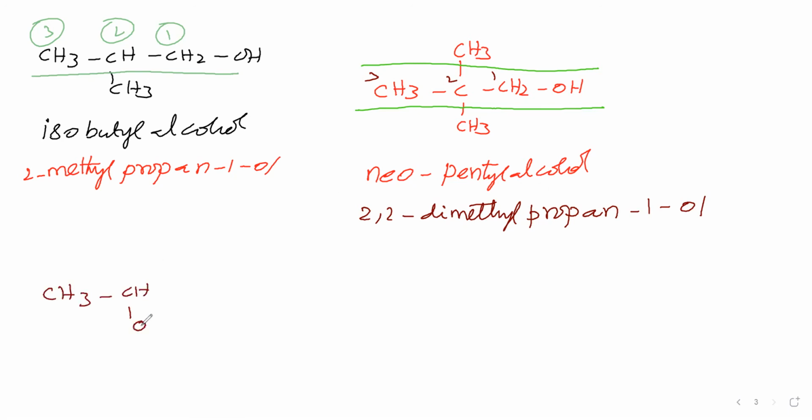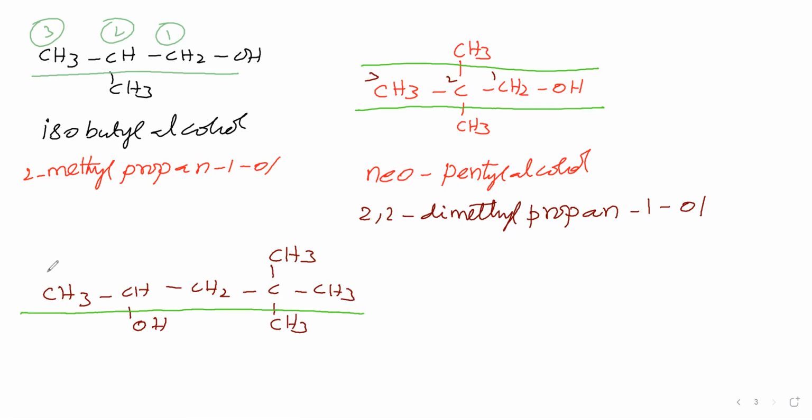Next compound we will take: CH3, CH, OH, CH2, C, CH3 like this. Now, let us select a parent chain. For this, we are unable to say a common name, so we will say the IUPAC name. Parent chain we will select, then we will go for numbering.